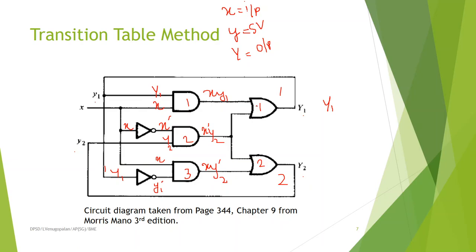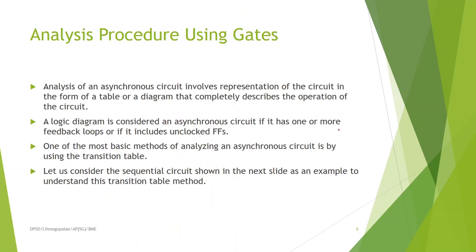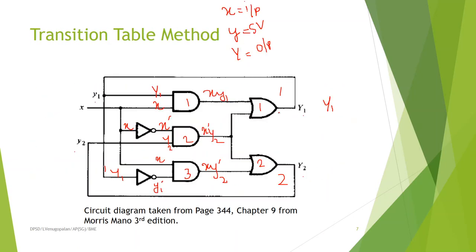Now if you see OR gate 1, it is receiving x dash y2 and x y1. So an OR gate is just the summation of the two inputs. Therefore, Y1 is the summation of these two inputs, so that is x y1 plus x dash y2.